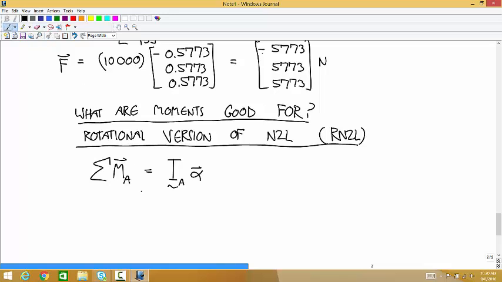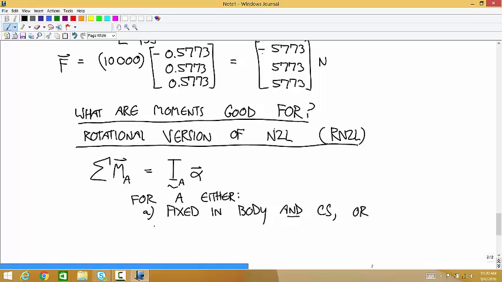And this holds for only two possible choices of A. So A has to be either fixed in the body and the coordinate system, or it has to be the center of mass of the body.